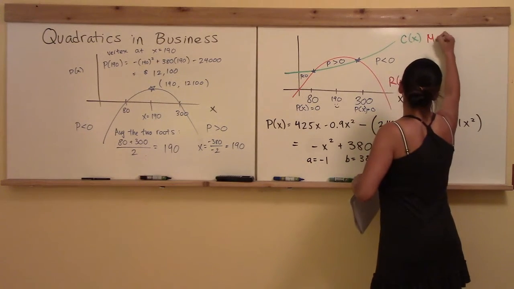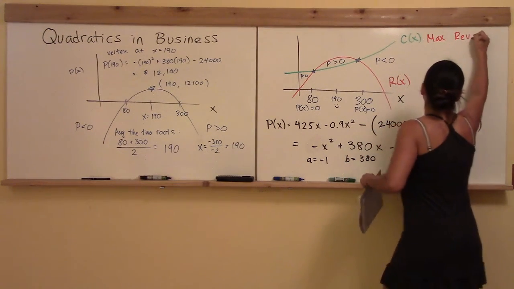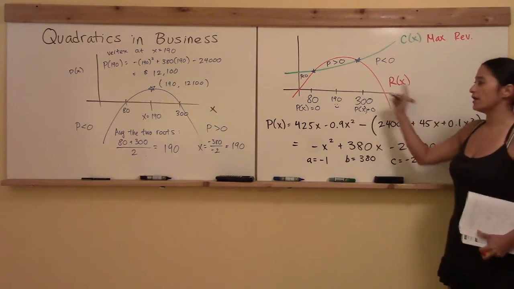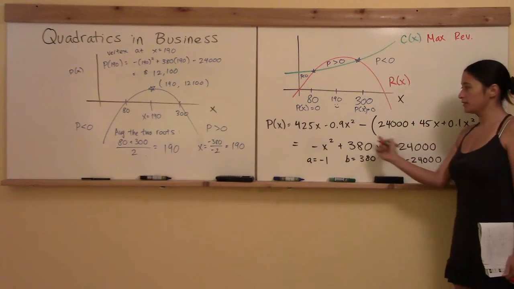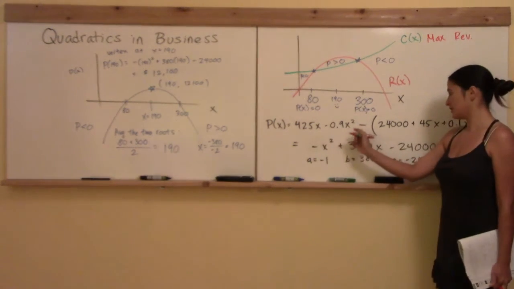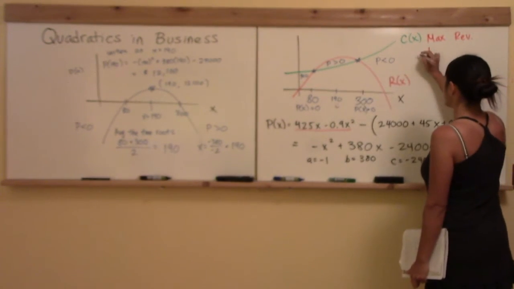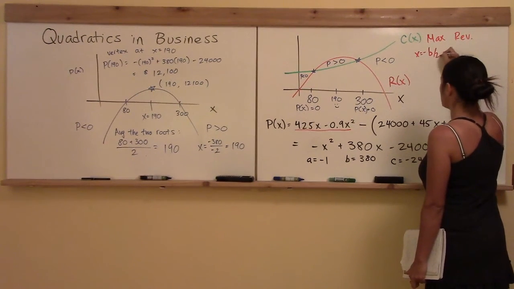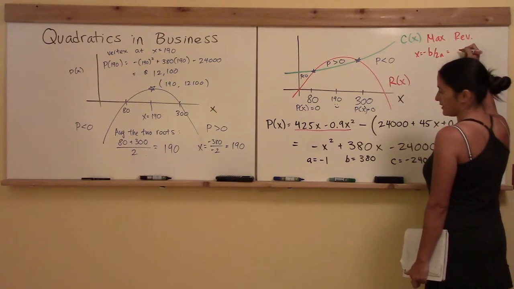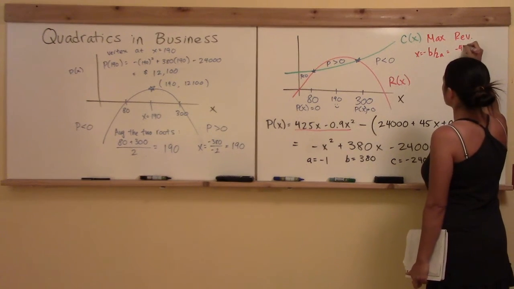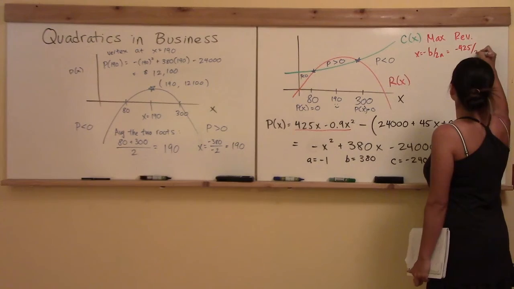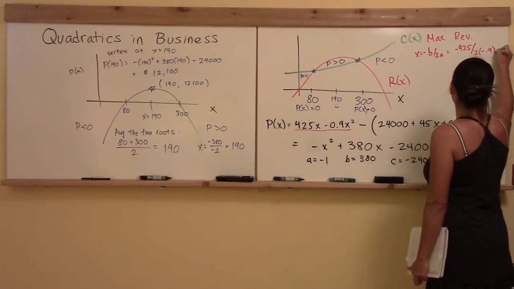Okay, so max revenue, that's going to be at the vertex of the revenue formula, okay? So here's the revenue portion of the formula, that was this part right here. So if I let x equal minus b over 2a there, then I'm going to get, let's see, minus 425 over 2 times minus 0.9.